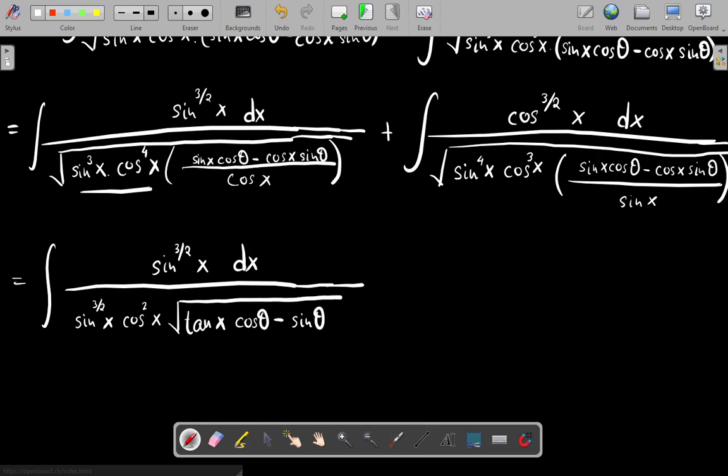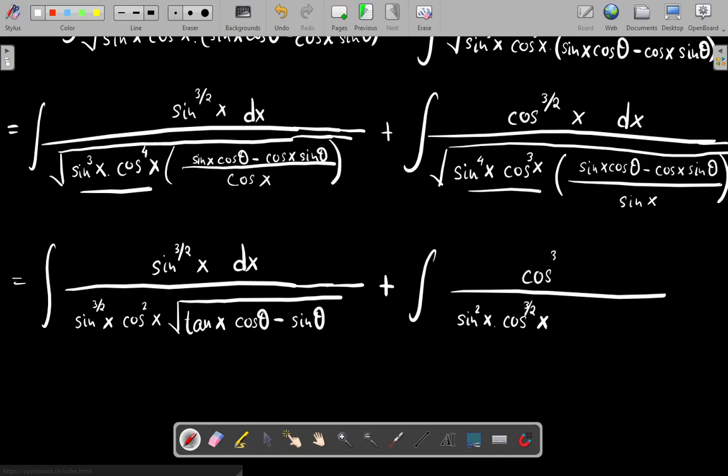Okay, so this has simplified a bit. And similarly for the second integral, if we take these two terms outside this square root, this will change to sin square x times cos to the power 3 upon 2 x, and we already have cos to the power 3 upon 2 x in the numerator, dx.